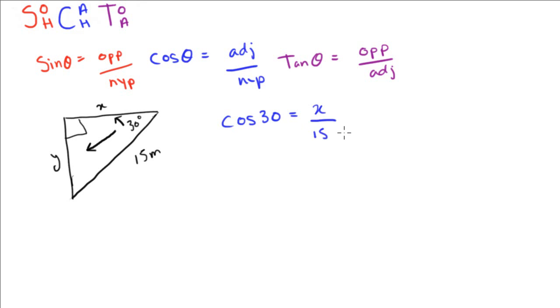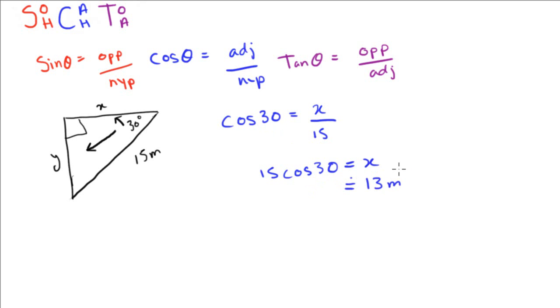Now to solve this, we use basic algebra to isolate x, in which all we have to do is bring 15 over to the other side by multiplying both sides, which makes it 15 cos 30 equals x. Now this is an exact answer. If we plug it into our calculator, we should get about 13 meters roughly. It's actually 12.99, but 13 meters is close enough.